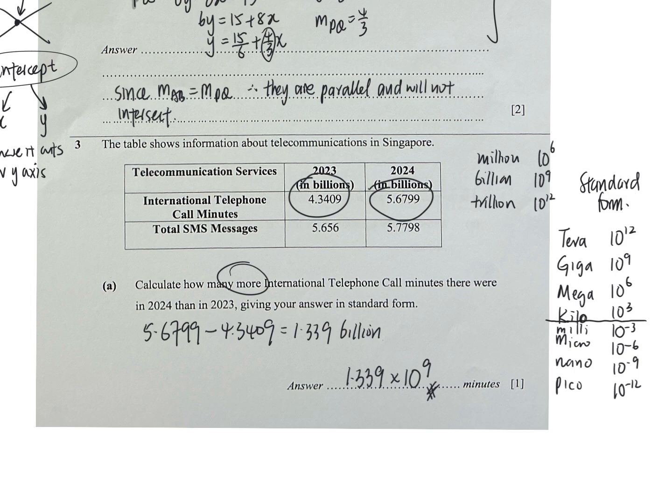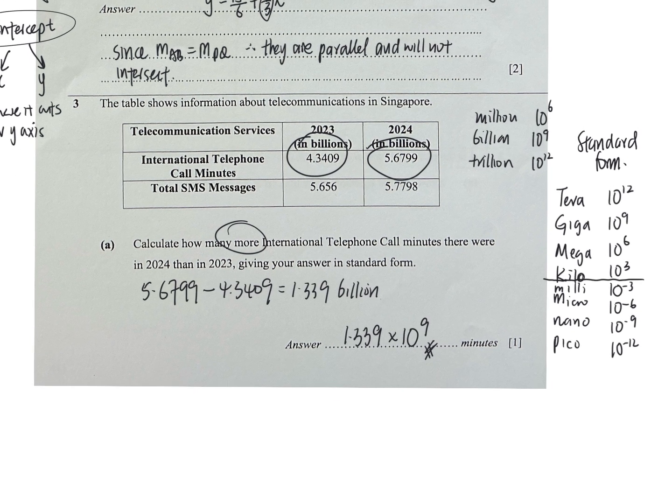Okay, next one is the second part, percentage increase. Percentage increase in the number of SMS messengers from 2023 to 2024. So I only want you to focus on these two. There is indeed an increase here, right?